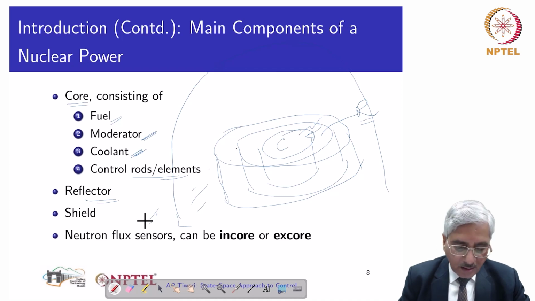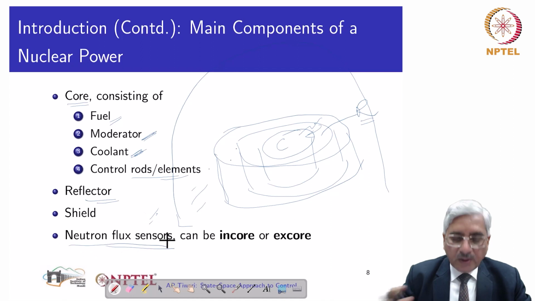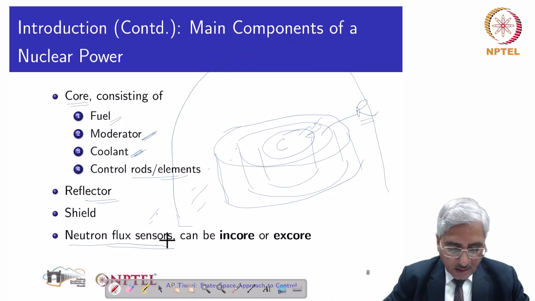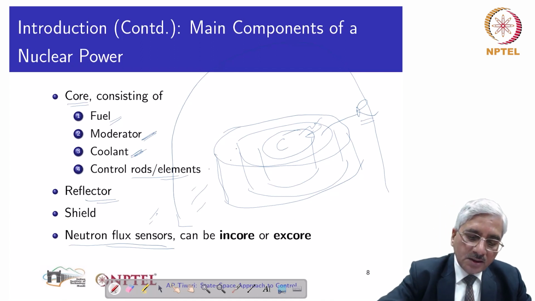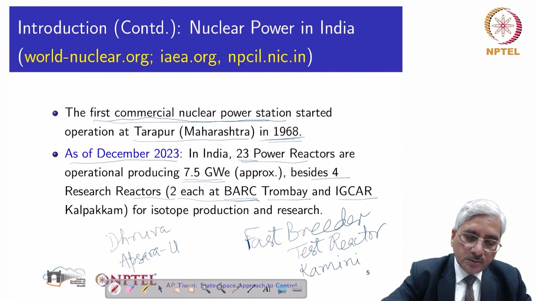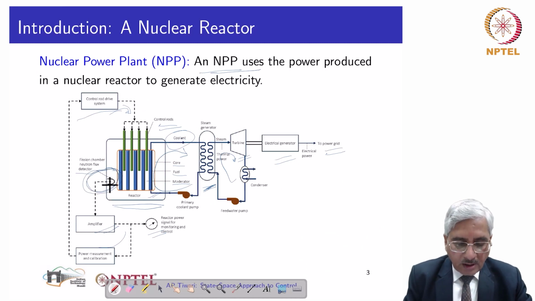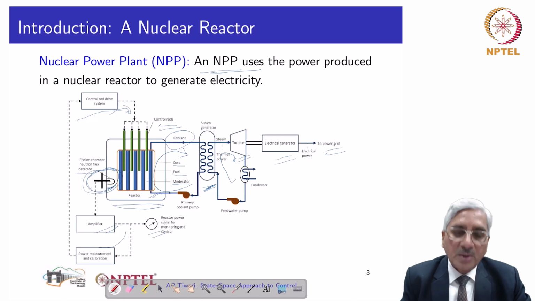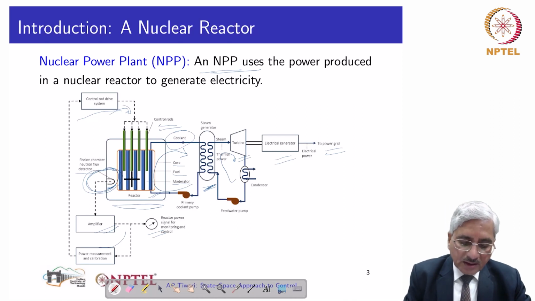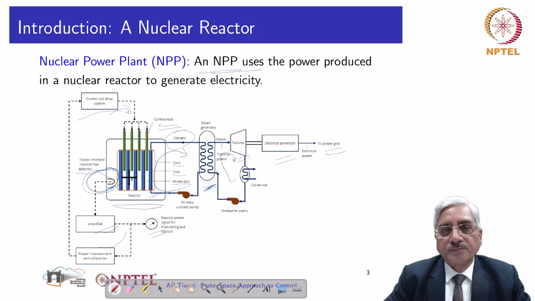So besides all this, again important for a control engineer is the instrumentation. And if I go back, there are two types of neutron flux measurements. One is this: a detector located just outside the core measures the average neutron flux in the core. It is called the ex-core detector. However, a detector can also be placed inside the core, and that is called an in-core detector.